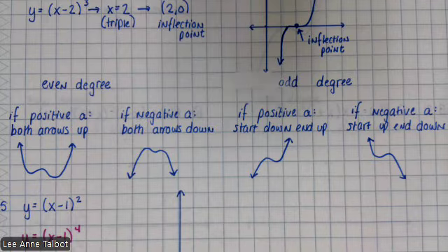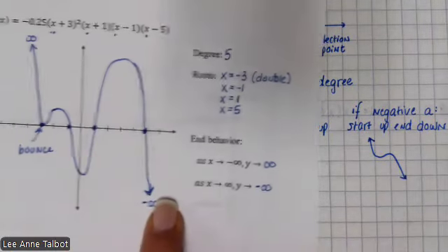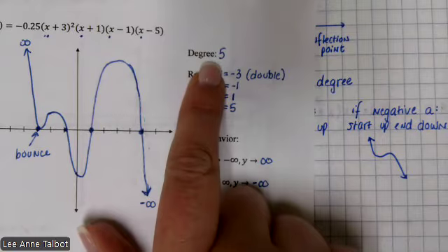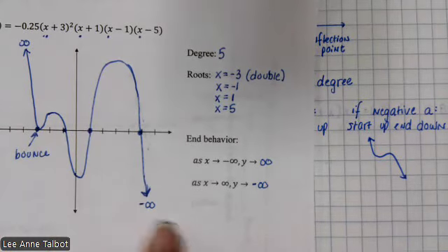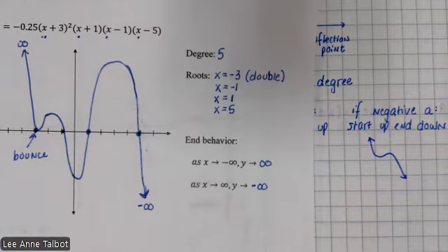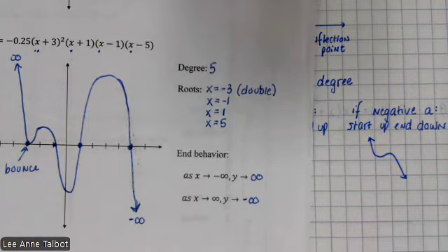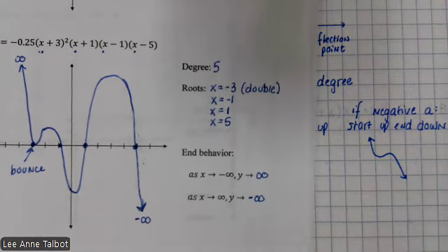Did we do one of those yesterday? Yep, this guy. Degree 5, odd number. He started up here and ended down here. A lot of bounties in the middle. That's okay. We're just interested in how you know where to start.